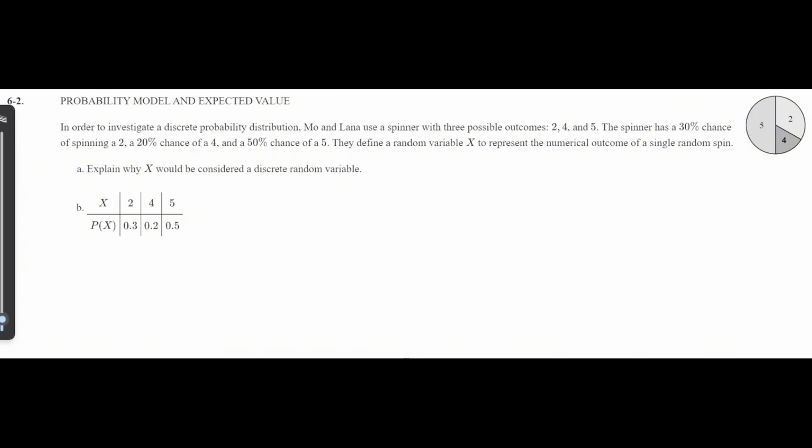The reason why being discrete is so important is because we're going to deal with situations with probability. And these X values are discrete because each outcome is 2, 4, or 5, right? So I have no decimals. Each probability is accounted for as a whole number.